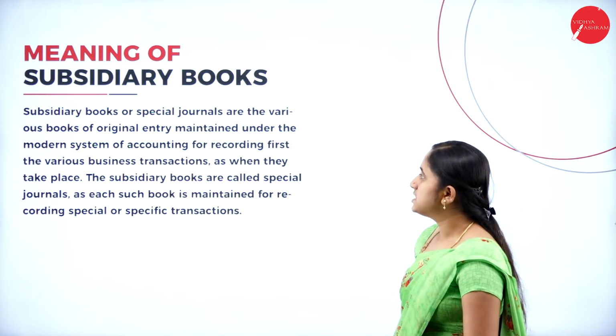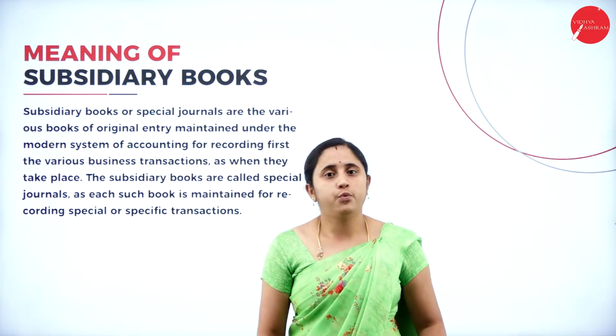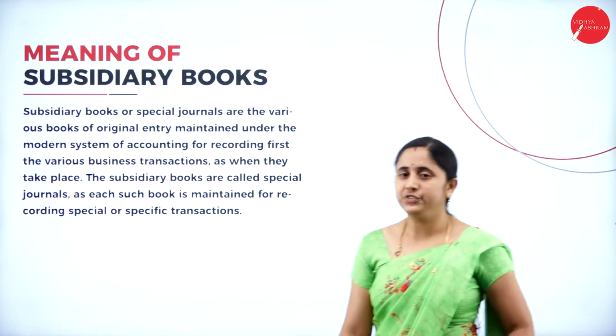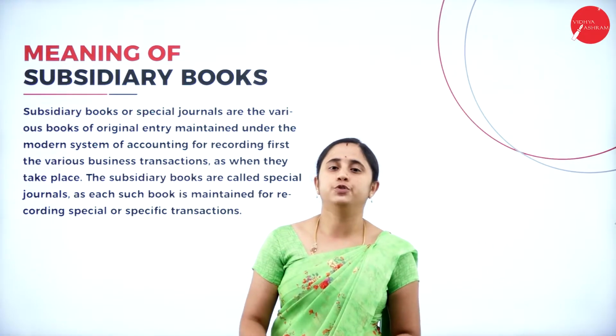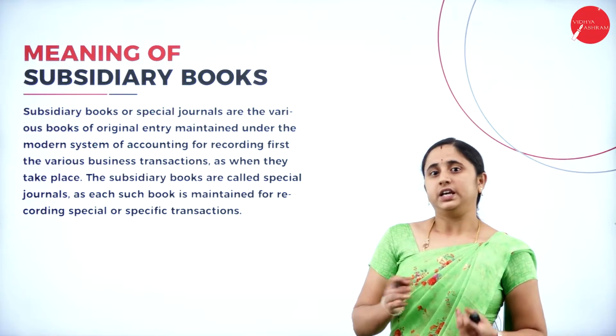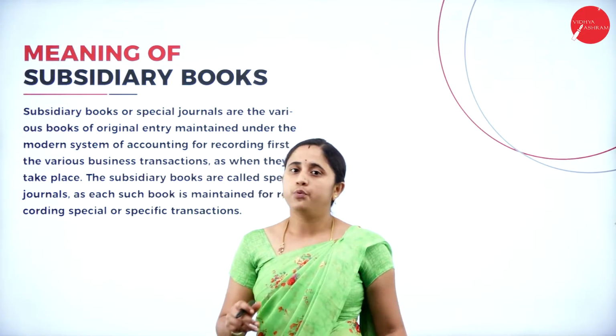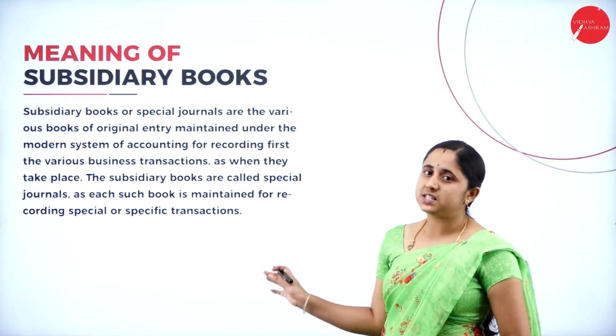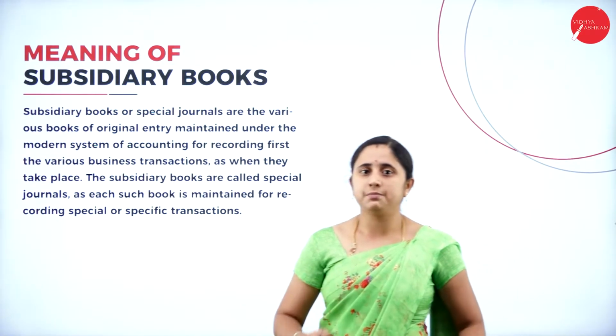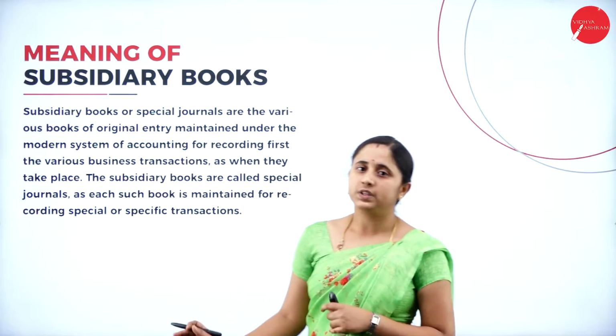That means subsidiary book is a book of original entry where we record all the transactions for the first time. But journal book is also a book of original entry. But subsidiary book is a modern method of maintaining the records.